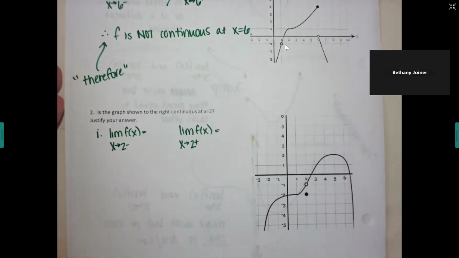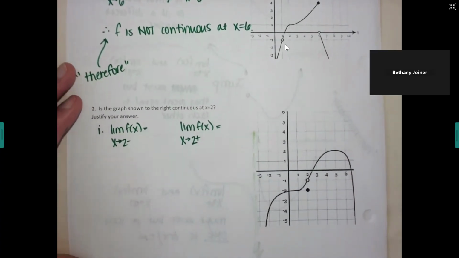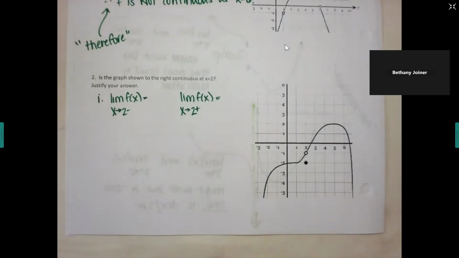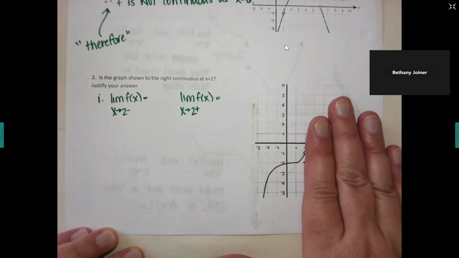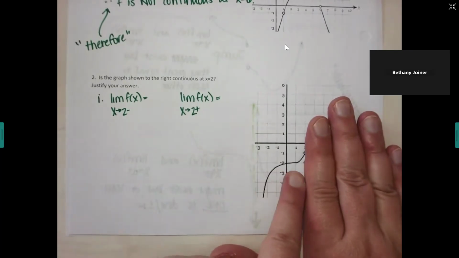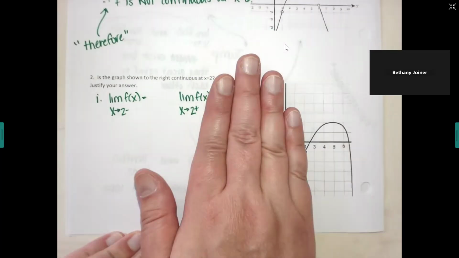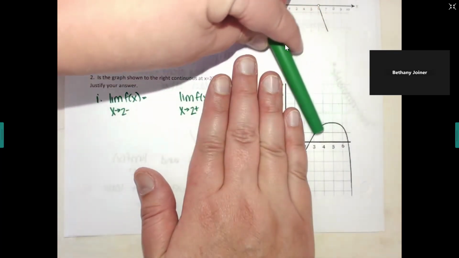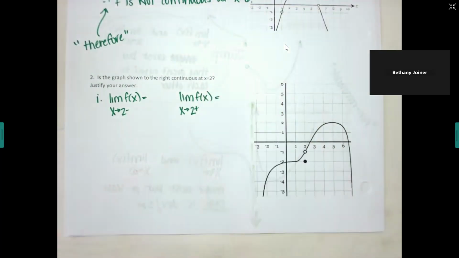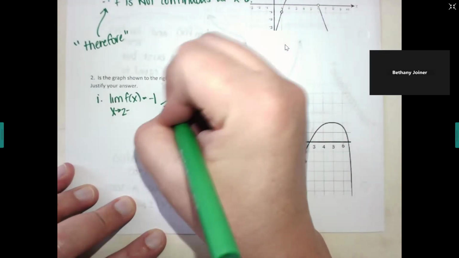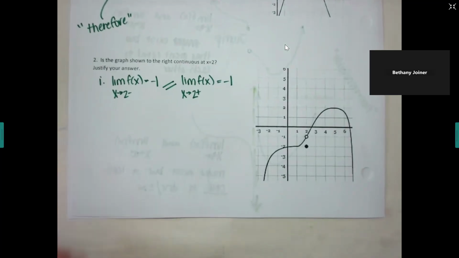Now remember, these have to come out the same for you to move on to the second condition. So for this graph, as I trace in from the left, what y value am I approaching? Okay, -1 is correct. As I switch to the other side and trace towards my hand, I'm also leaving off at -1. That means those are equal to each other, so I move on to condition 2.